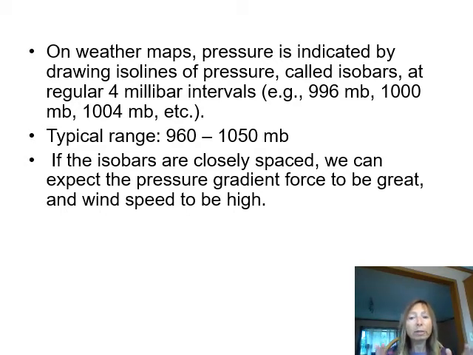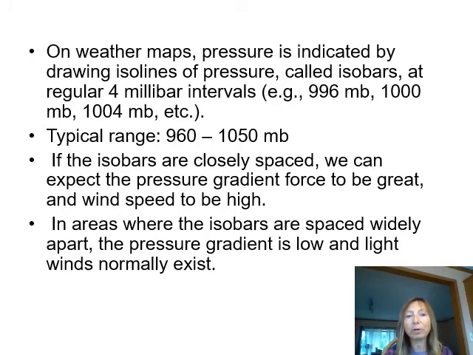When we look at the pressure map, and you see those maps in the book, you can clearly see that when the isobars are very closely spaced, that means this is where we have a very strong pressure gradient. And when we see this pressure gradient force being the greatest, this is where we would see the highest speed of the wind.